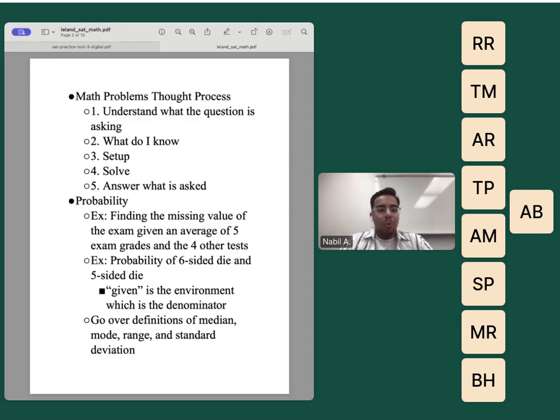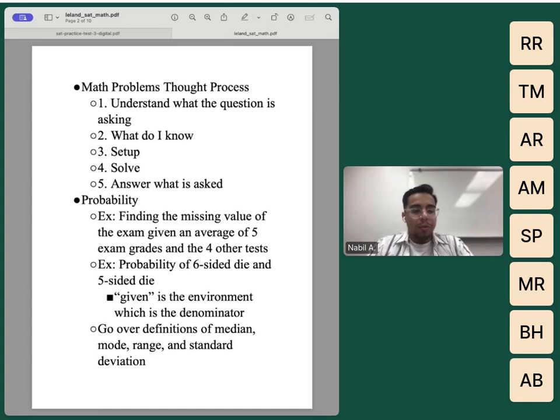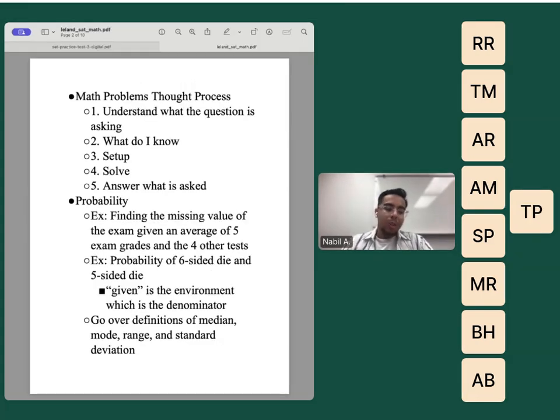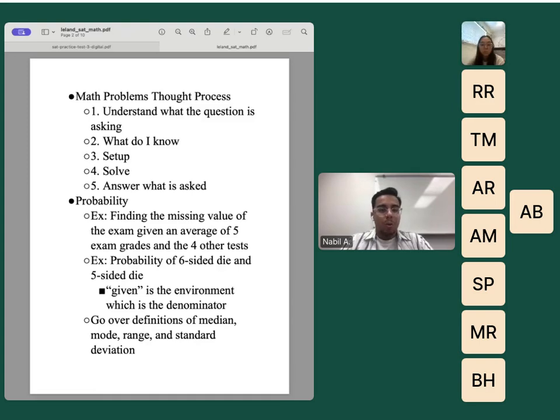Now you may be wondering, why is five on there? Answer what is asked. Isn't that the same thing as solve? Well, certainly, but with step four, solve, sometimes it will ask for x, but then the question will ask, well, what is x plus y?